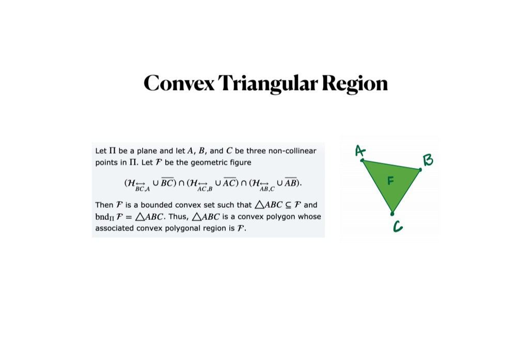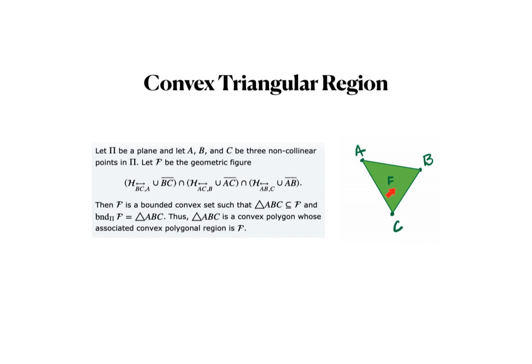A convex triangular region is defined this way. We're going to let pi be a plane and A, B, and C be three non-collinear points in pi. Let F be the geometric figure created by the half plane determined by line BC containing A. So here is line BC.